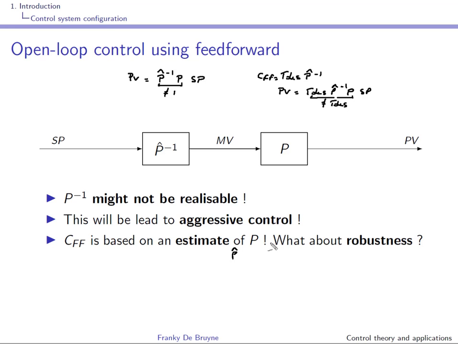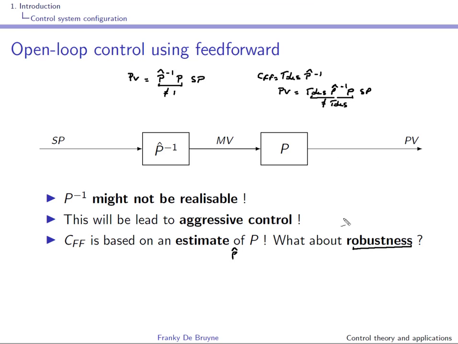So this leads to the question of robustness, and we see here that if the process is changing, well, any perturbation on the process is reflected directly on the loop gain.